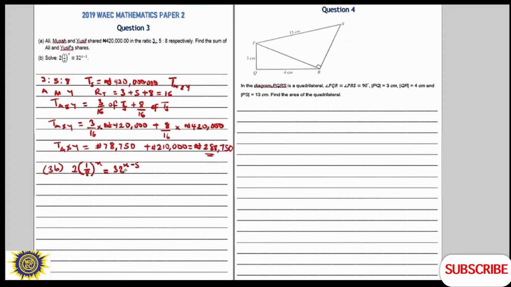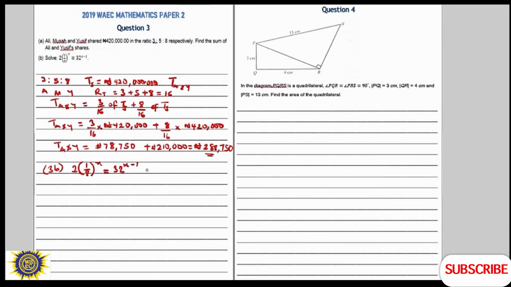Now here is a question on indices. The first thing you need to see is that we have 1 over 8 to the power x, and 32 raised to the power x minus 5.